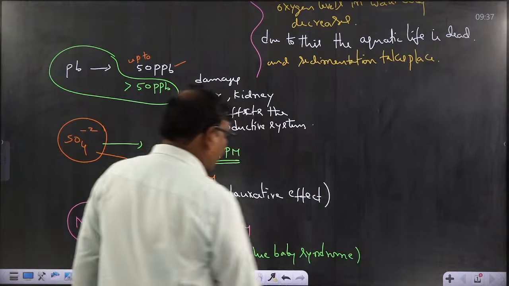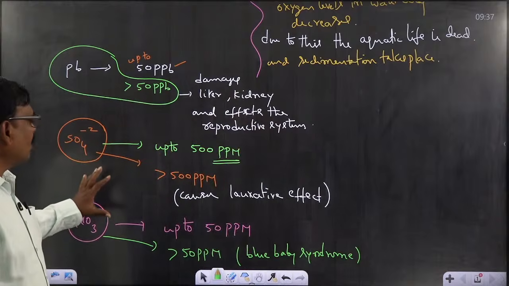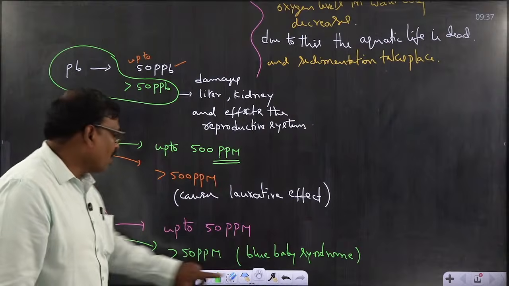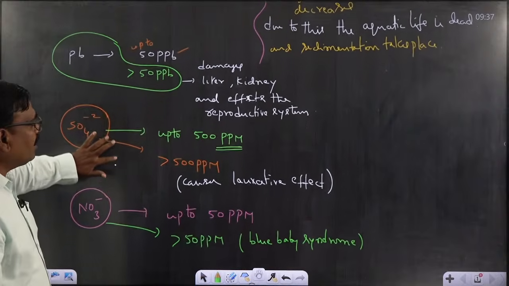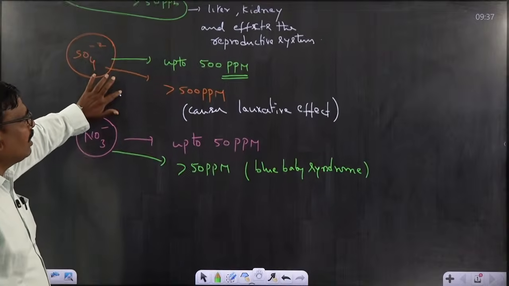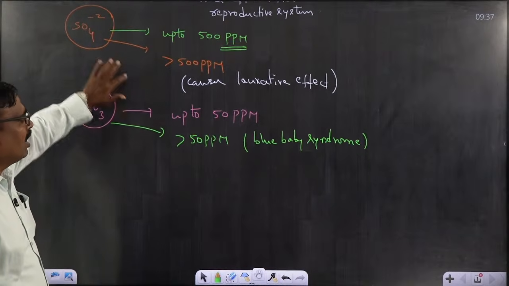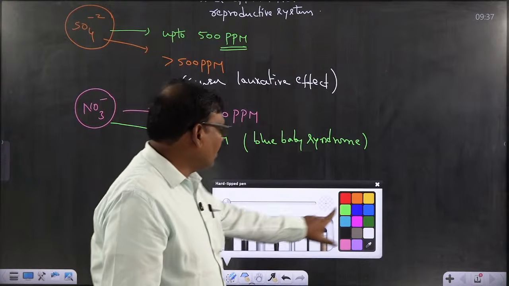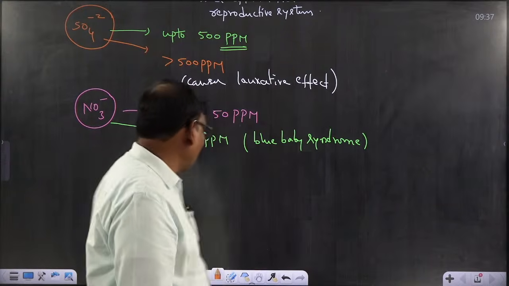So in this way, different ion levels are limited in water. If we cross that limit, ultimately it has an adverse effect on human beings or animals. That's why we must restrict the level of pollution in water.